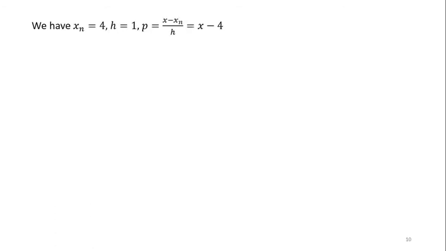Now write down the values of xn, h and p. xn is 4, h is 1. We know that p is equal to x minus xn by h. So it is equal to x minus 4 divided by 1, that is x minus 4. From the table we have yn is equal to 27, del yn is equal to 9, del square yn is equal to 2, del cube yn is equal to 0.